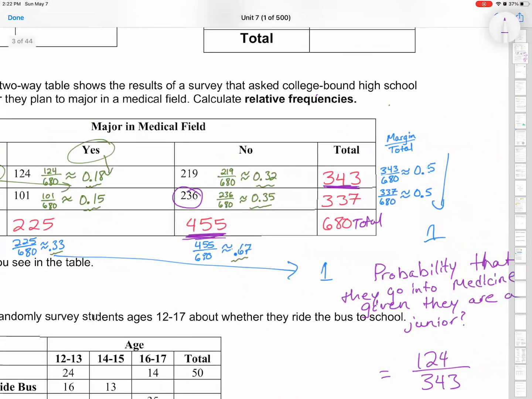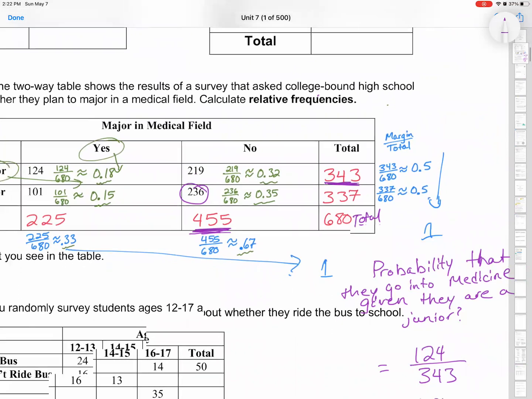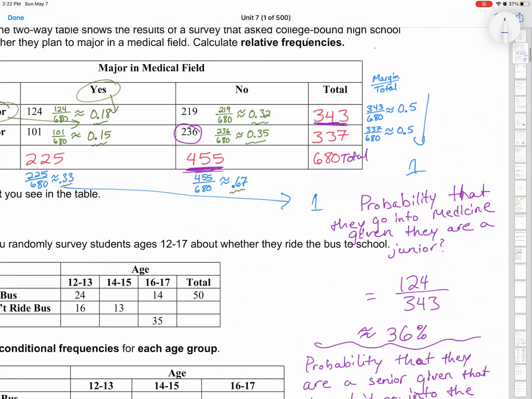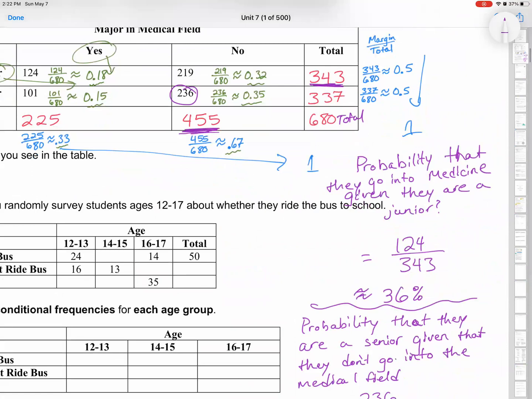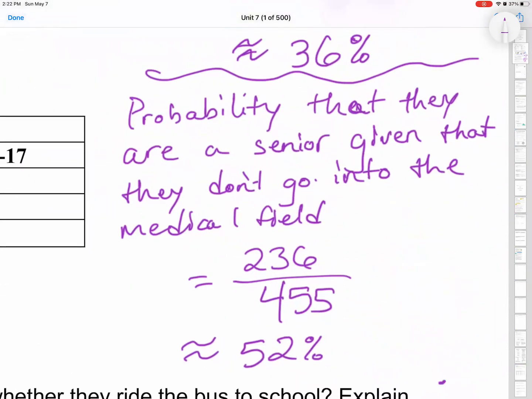And 124 of those guys said yes to the medical field. And then the next one, given that you know that they're not going into the medical field, what's the probability that they were a senior? Well, 455 were not going into the medical field. And there were 236 seniors. So that is what we call conditional probability, because there's that condition added there.